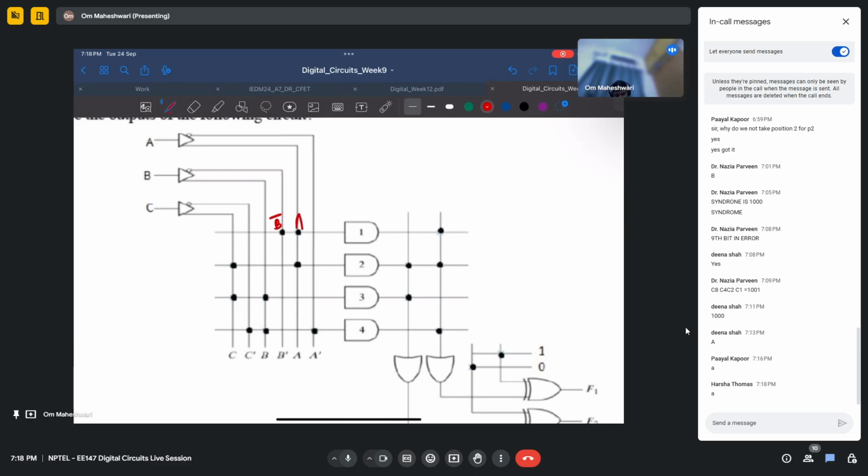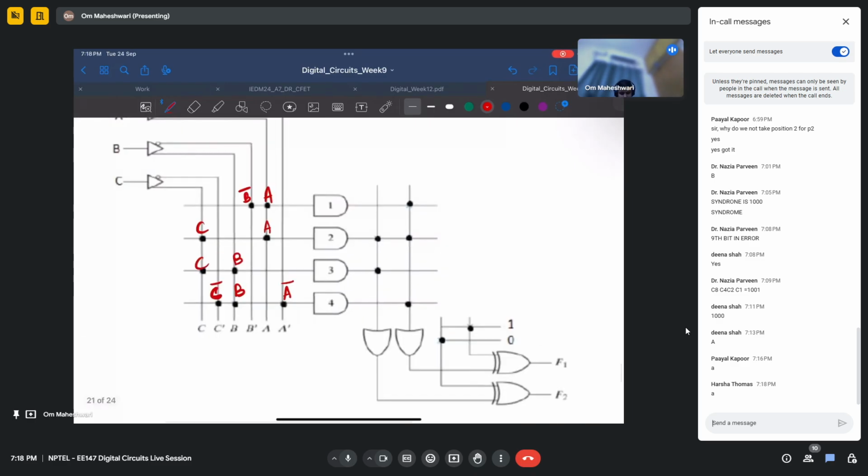This is A. This is A. This is A bar. Let me just write all these connections. C, C, B, C bar, and B. Okay, so the AND gate outputs are AB bar, AC, CB, and A bar B C bar.